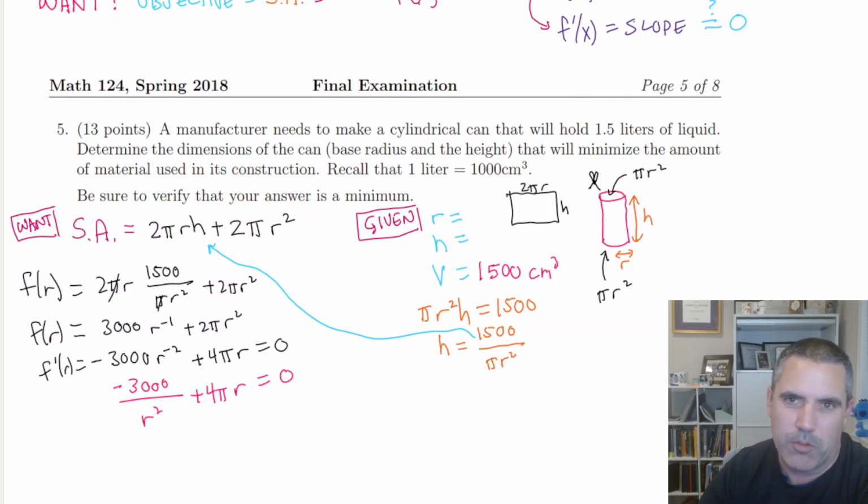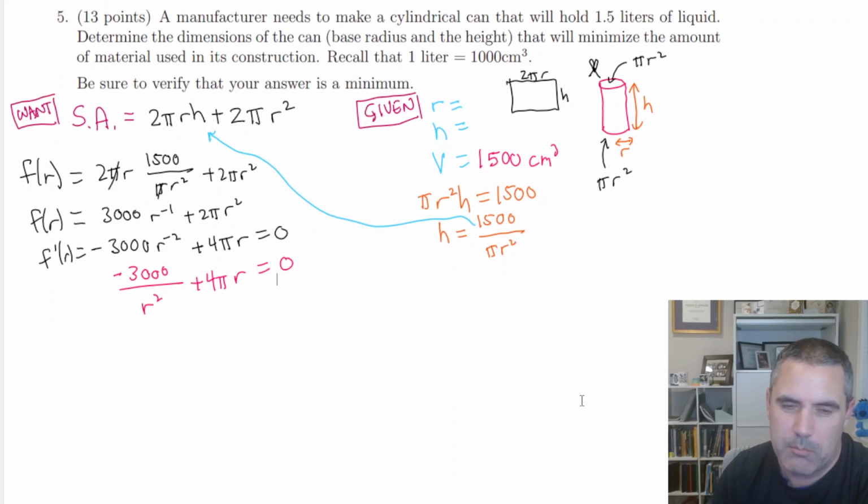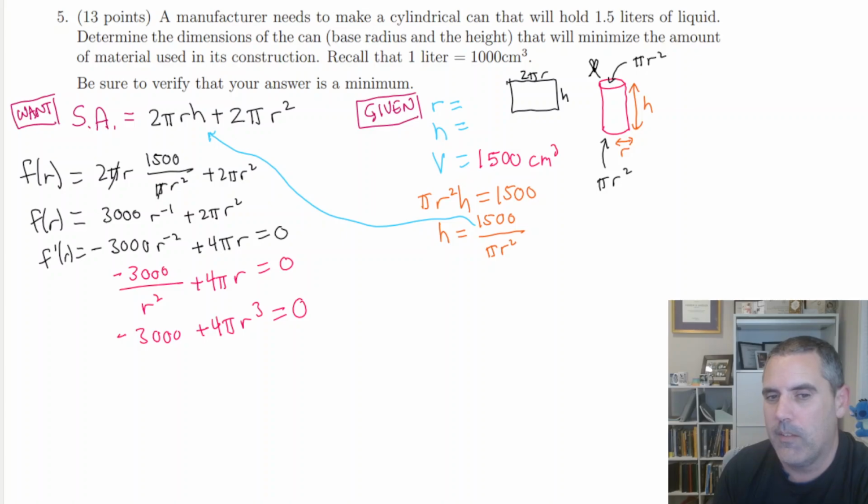And then I always say, if you're unclear about how to solve something because there's a fraction, clear the denominators. Is that the only way to do the next step? No. But I'd multiply everything by r squared, and then it's much more clear how to solve. Okay, I'm going to stop for that one and move on to the next one.